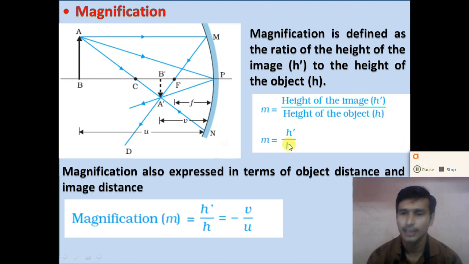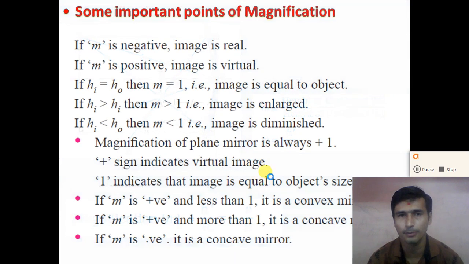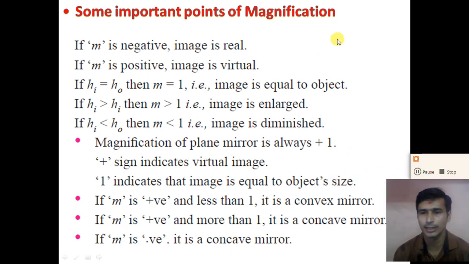Now, dear student, let us see the importance of the magnification, how the magnification is important to get the nature of the image. So let us see some important points regarding magnification. If you calculate the magnification from the above formula, m is equal to h dash by h, or m is equal to minus v by u, and if the magnification we get is negative, we can say that the image is real and inverted.